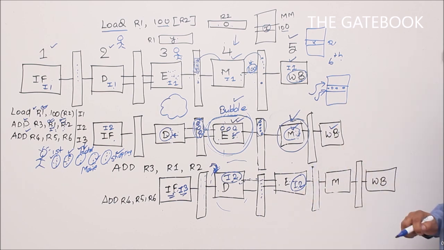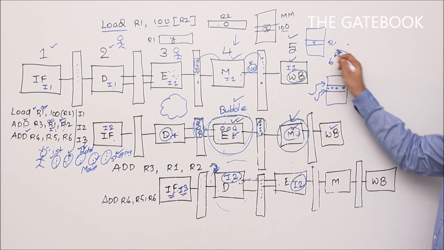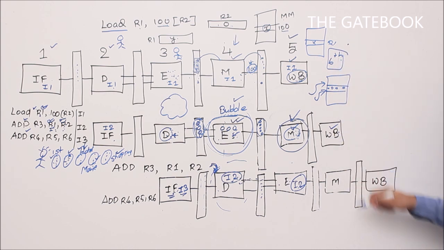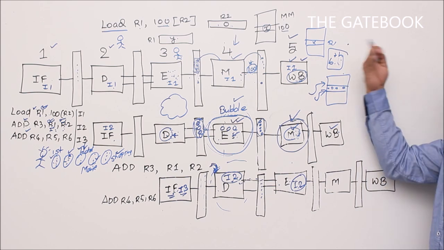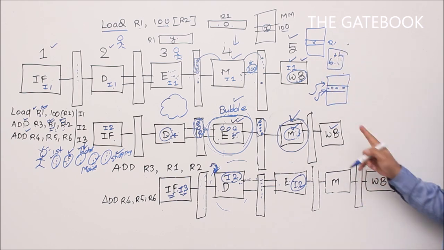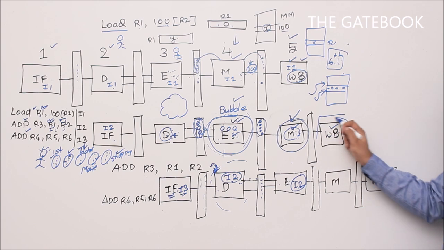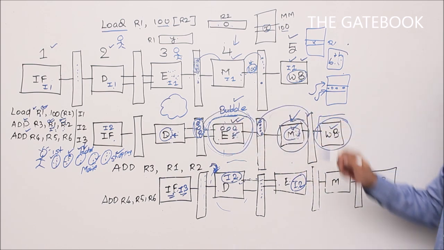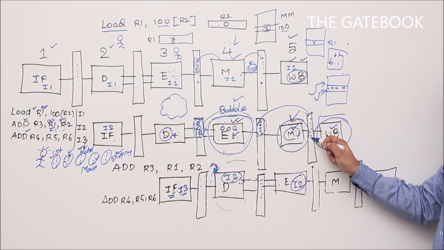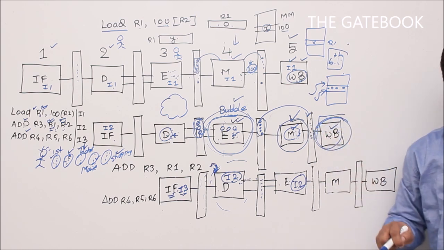Now focus on the last clock cycle, the sixth clock cycle. In the sixth clock cycle, I1's write back is already done, nothing will be done for I1. I1 is done, I1 says bye bye. I2 comes to write back, but again it's a bubble because the dummy data is propagating. So we are propagating the dummy data, so that the write back stage will also be dummy.